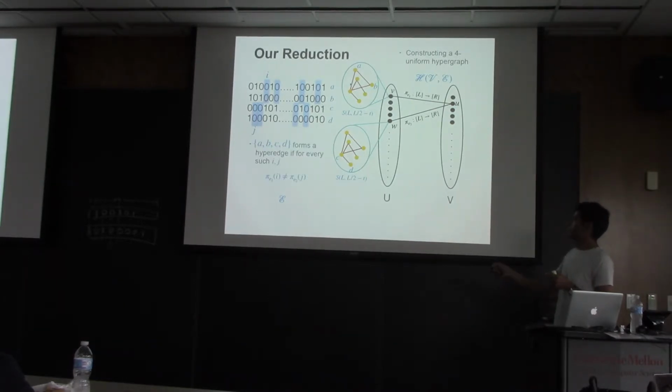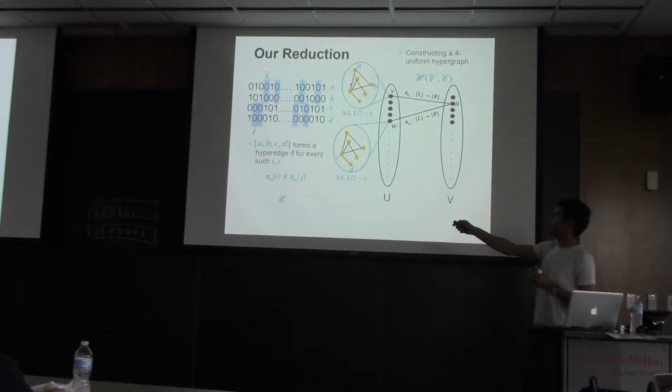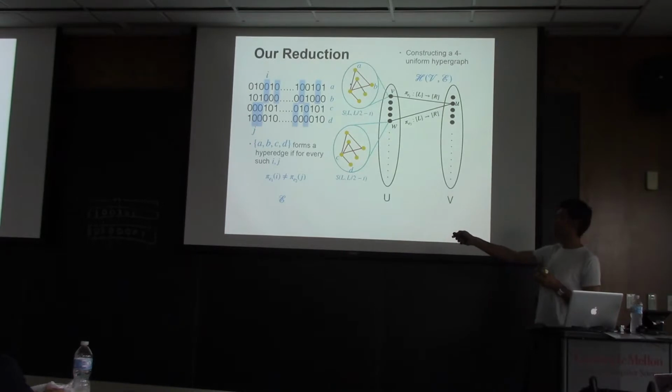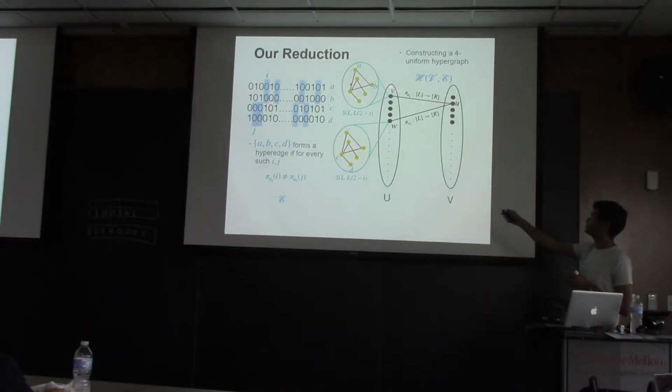So we put a hyperedge between A, B, C, D if it satisfies this property. What is this property? Look at any coordinate i where you see 0, 0 here, and any coordinate j where you see 0, 0 here. You want that they do not project to the same coordinate with respect to the projections pi u and pi w.